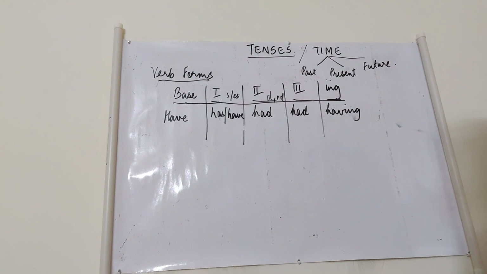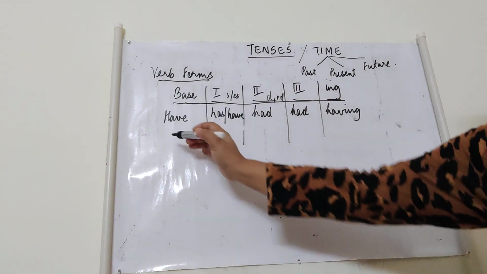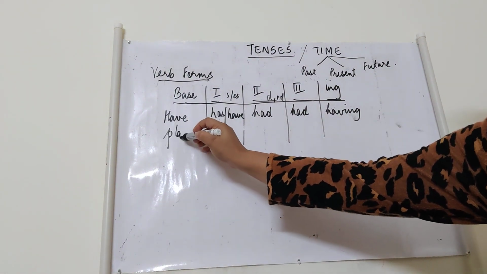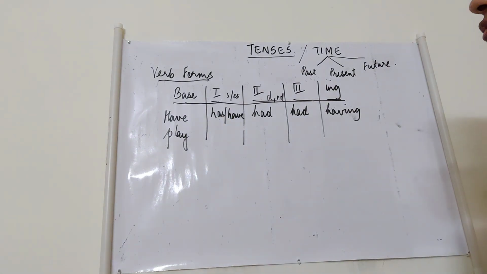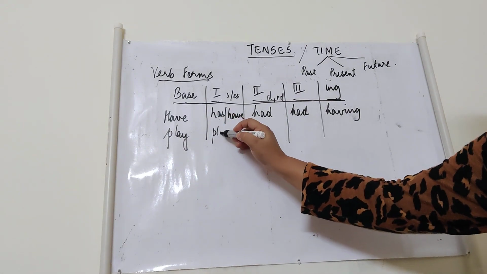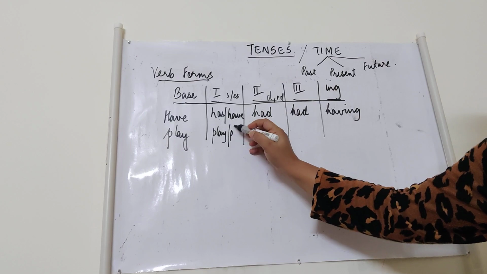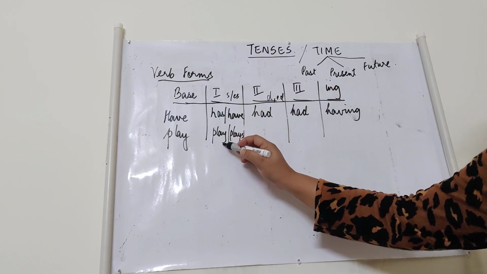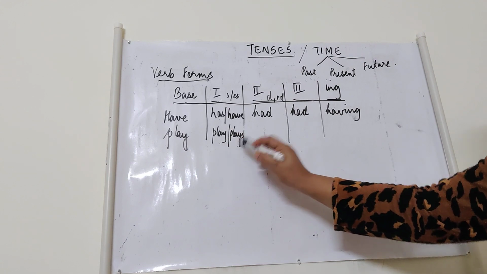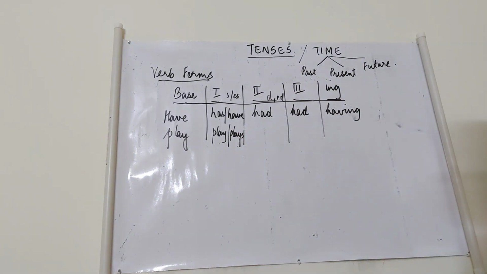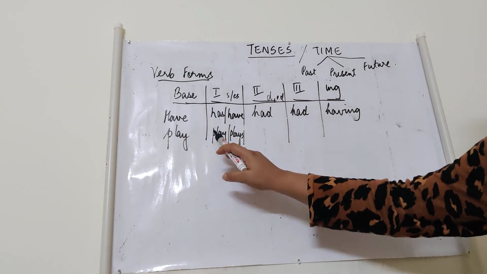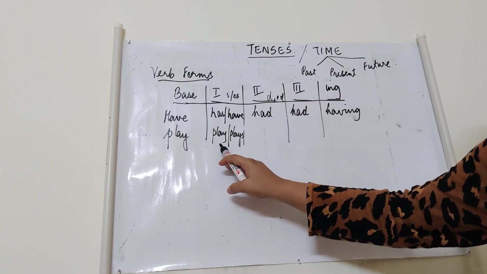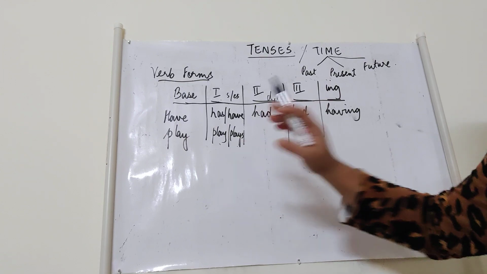Okay, let me take another example of a verb. Let's say it's play. First form is play and plays. Now this is the plural form of the verb, and this is the singular form of the verb. So always the first form of the verb will include both verbs, for singular as well as plural.